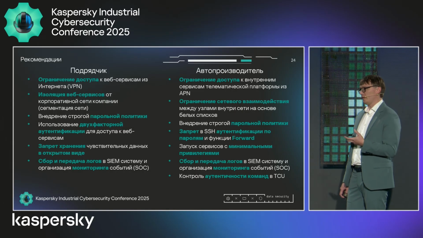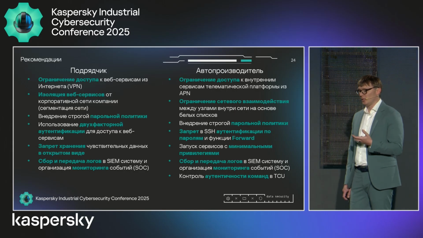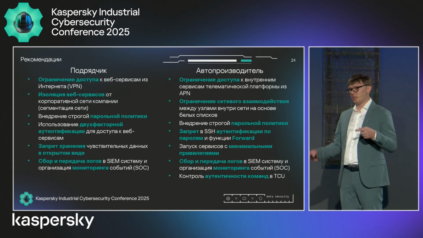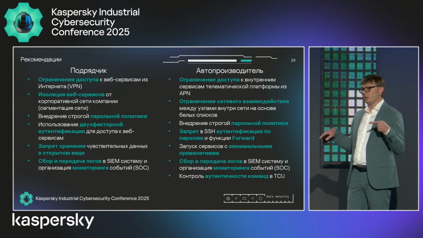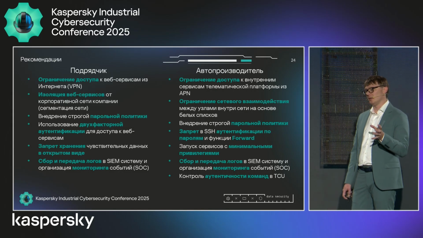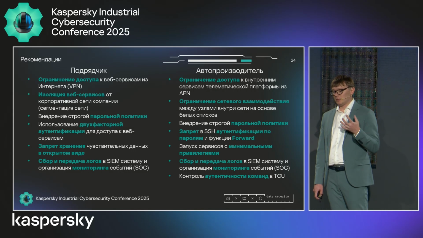The manufacturer was also recommended to limit access from telematics to a minimal list of services, and to limit the exchange of information between the servers so that if one server is compromised, the others would be safe.